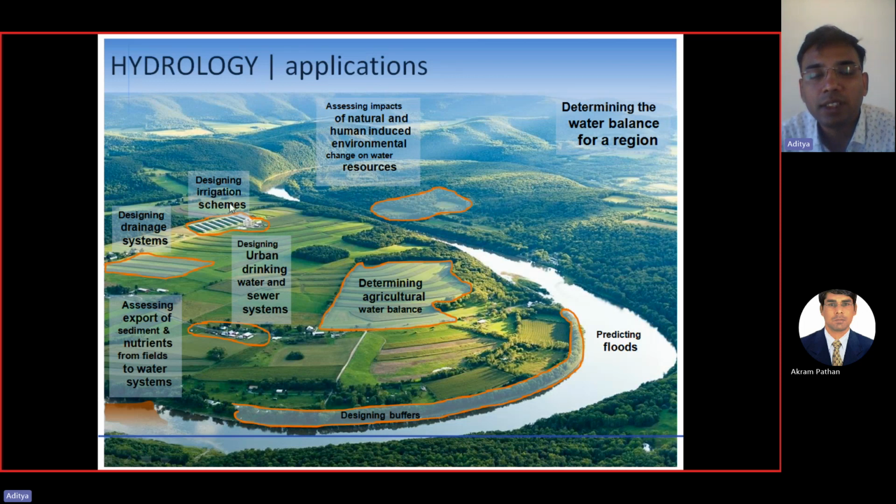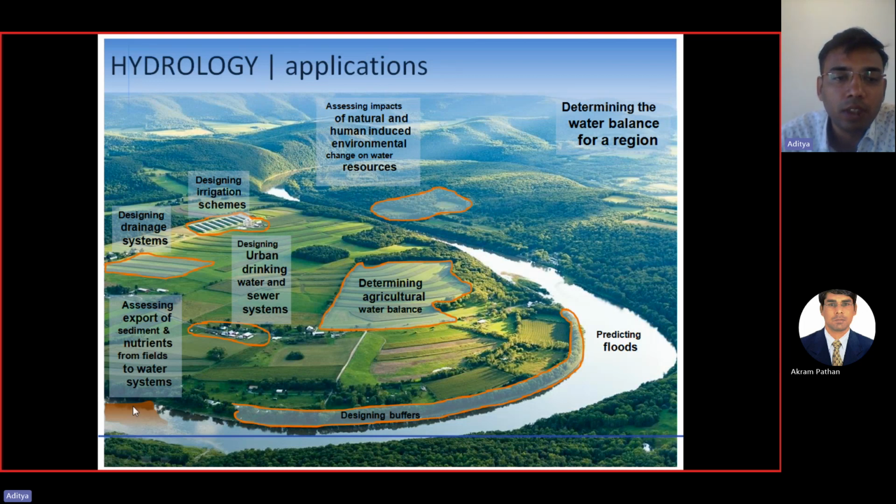Then design of irrigation scheme. As I told, water balance is a key factor for the overall hydrological process. Depending on how much water you have, you can design your irrigation scheme. Then designing urban drinking water and sewer systems. You can do this with the help of how much water is draining from a particular drain. Then assessing the export of sediment and nutrients from the field to the water system.